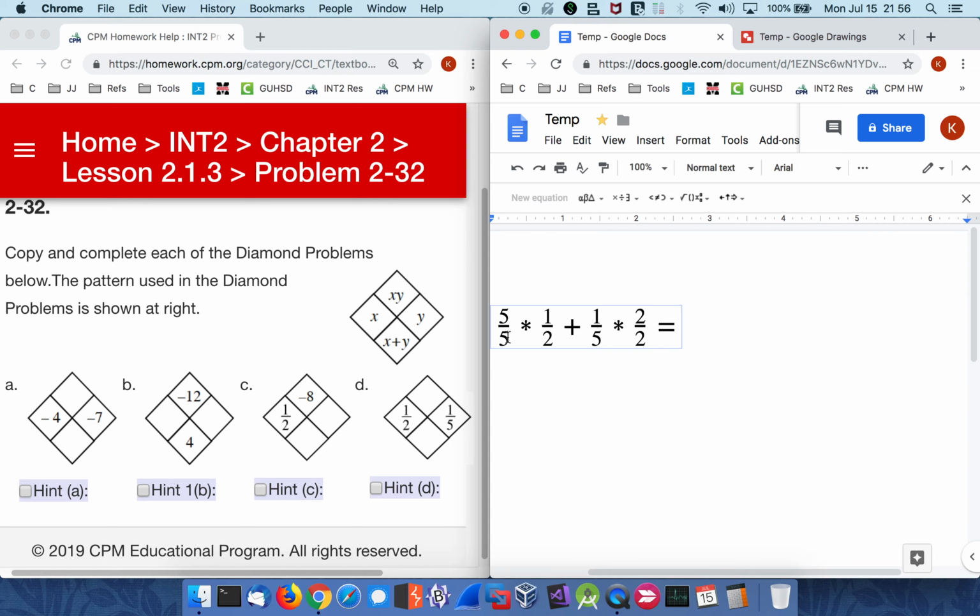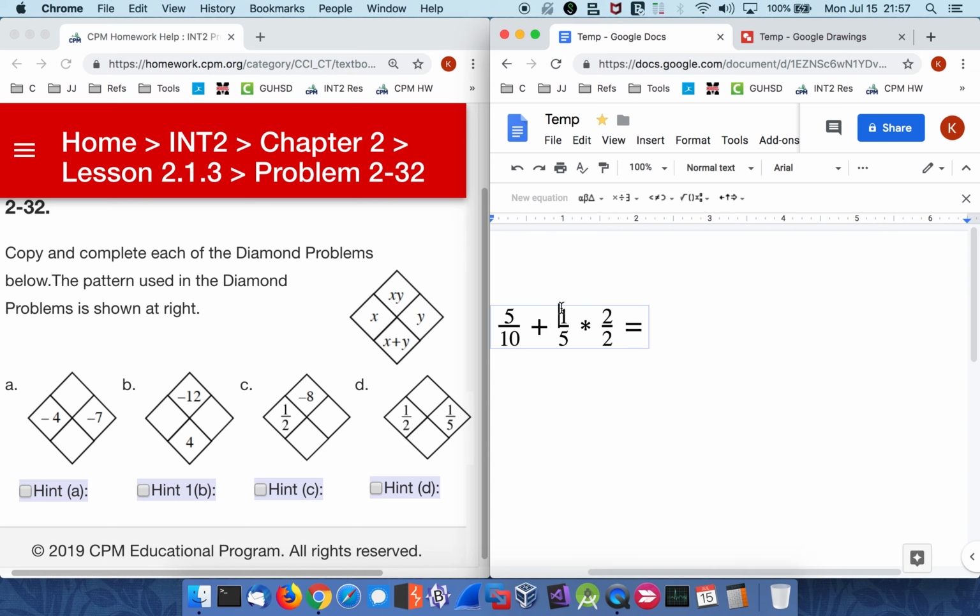So I'm just going to do 5 over 5 times a half, and 1/5 times 2 over 2. And so here, we multiply numerators, multiply denominators. We get 10 on the bottom here, and 5 on the top. As you can see, that's still 1/2, so we haven't really changed it.